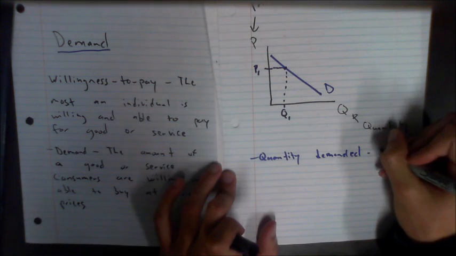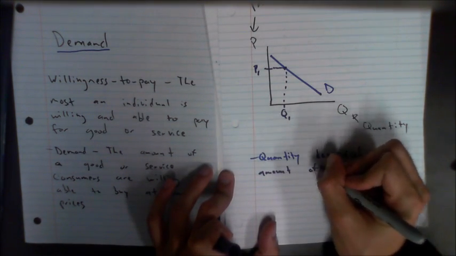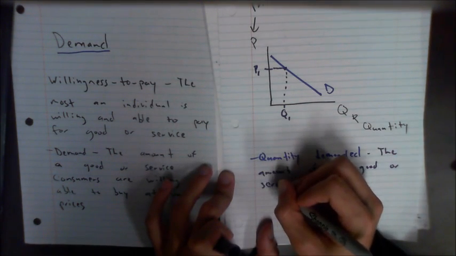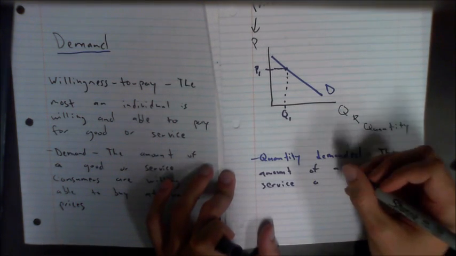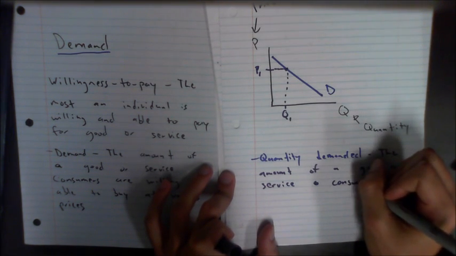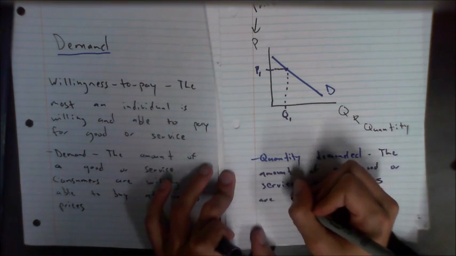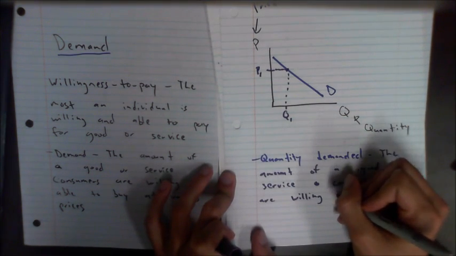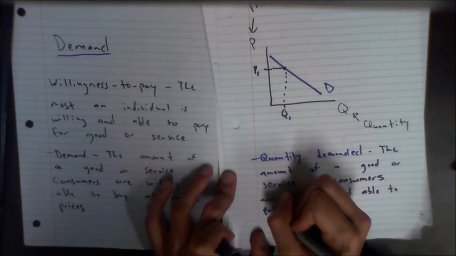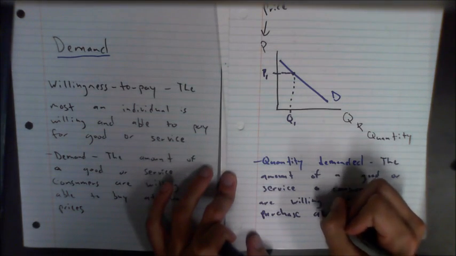So we'll write a general definition here: the amount of a good or service consumers are willing and able to purchase at a given price.